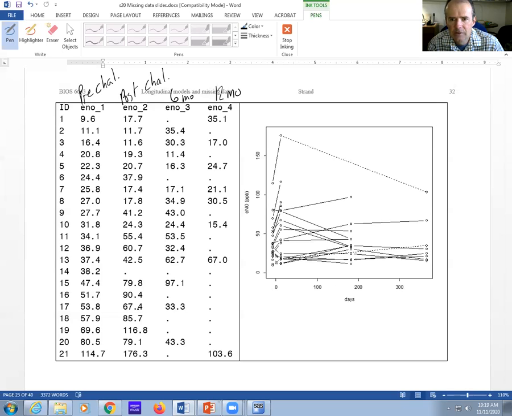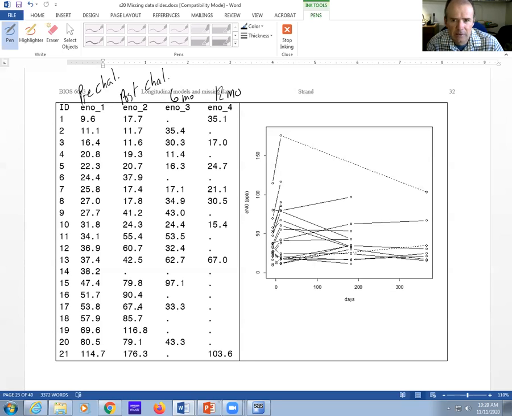But the question is, can you find information from your observed Y or covariates? And again, we actually don't have covariates, so we're just focusing on missing Y and observed Y. The observed Y, actually, you can consider as a covariate if you put the baseline value in as a predictor.